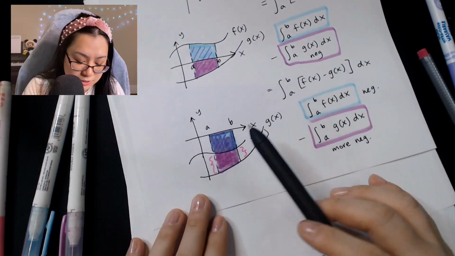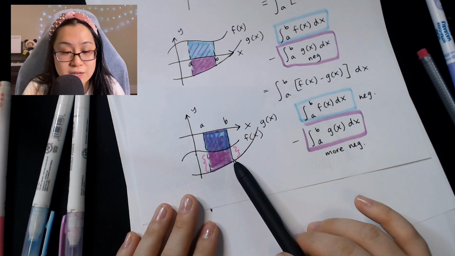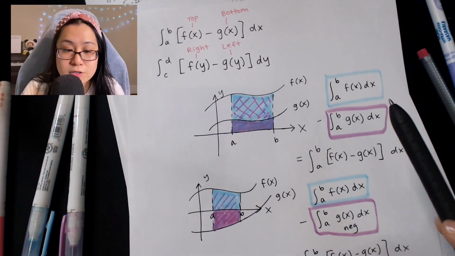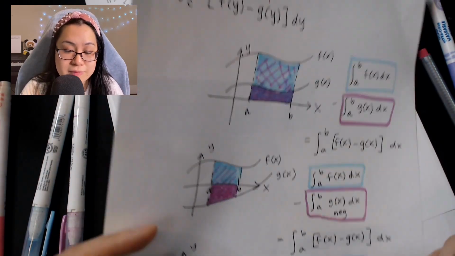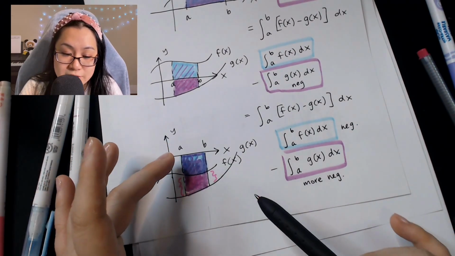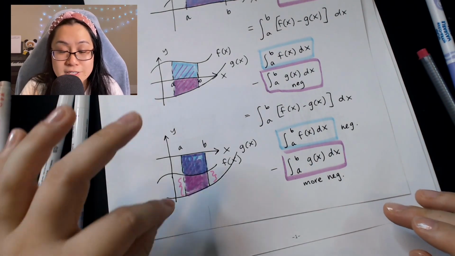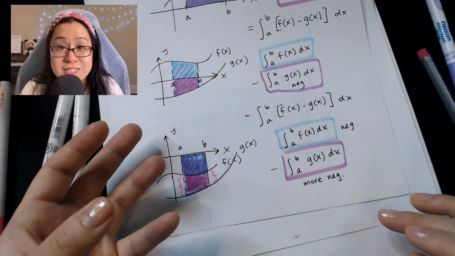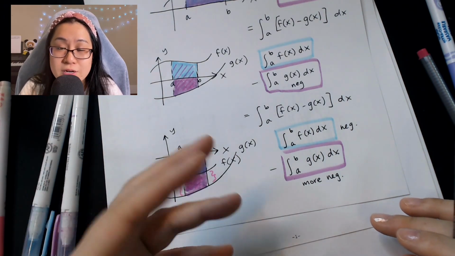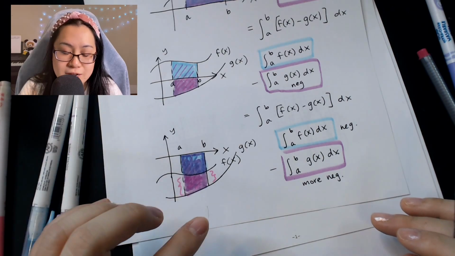In other words, we don't have to worry about doing the absolute value of this and then the absolute value of this. We can still just go ahead and follow the formula of top minus bottom. If you have your own preference for doing this, if you want to do absolute value and then find the difference or whatever, that's totally fine. Just make sure that you are clear with when you choose to do that, so that you're not double counting something or adding something that you should be subtracting.